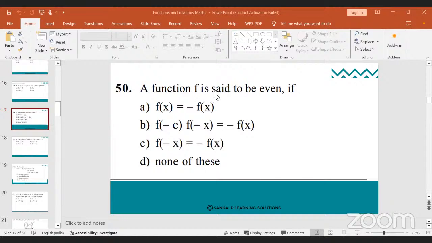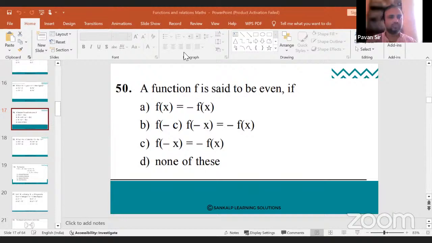See, it is clearly mentioned that a function f is said to be even. Okay, so option B is the correct answer. Why?